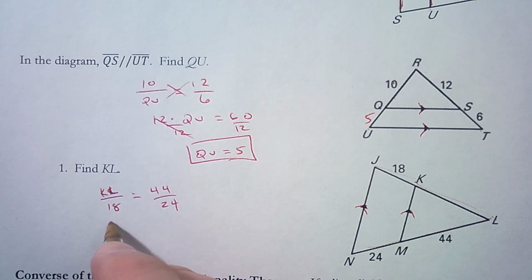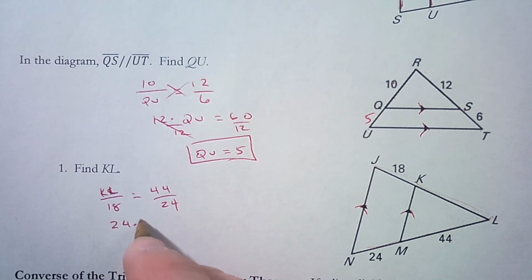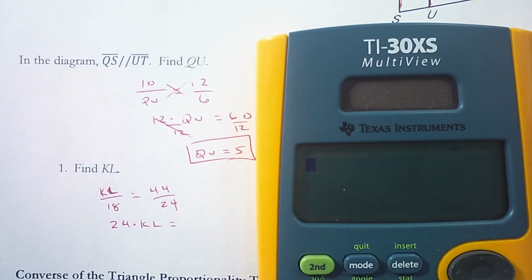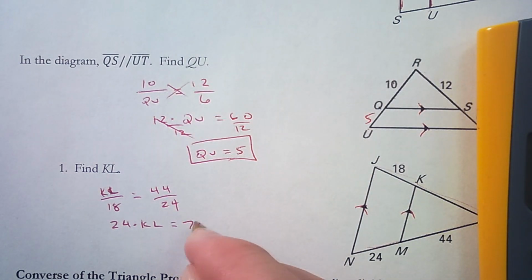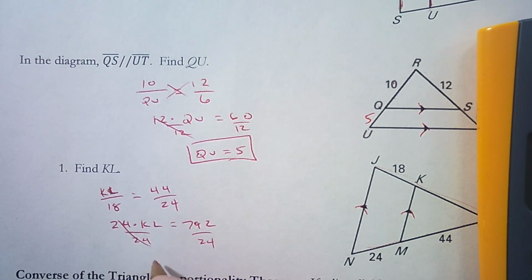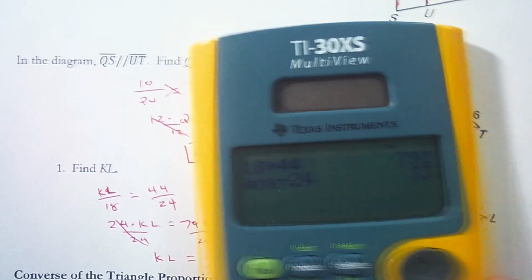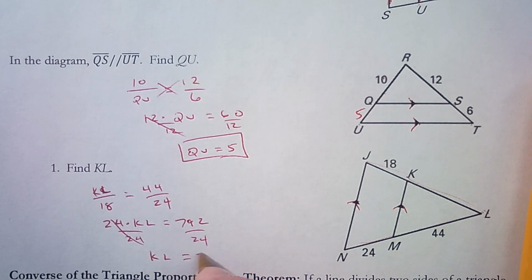Okay, so my cross products are 24 times the length of segment KL, and 18 times 44, that's 792, and then divide by 24, KL is 33. So the length of segment KL is 33.